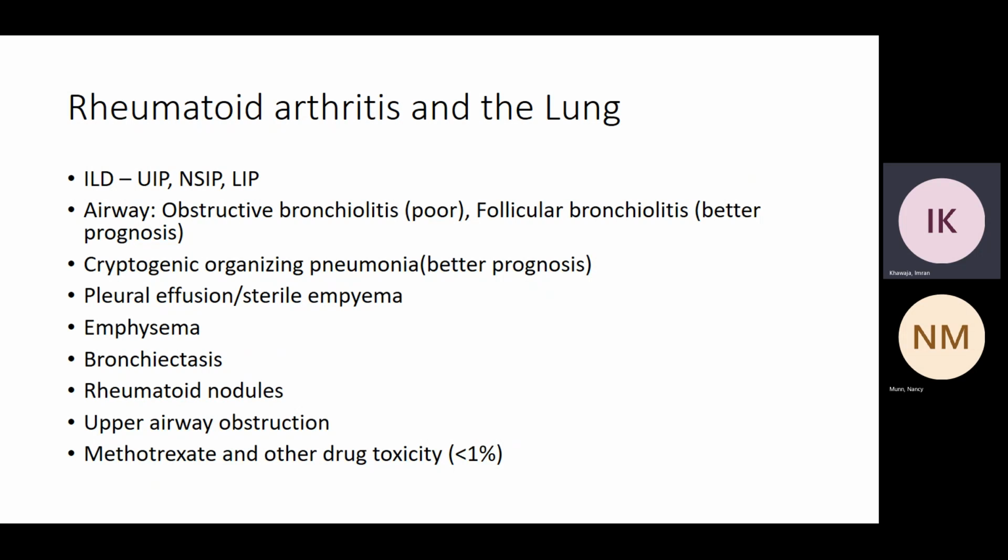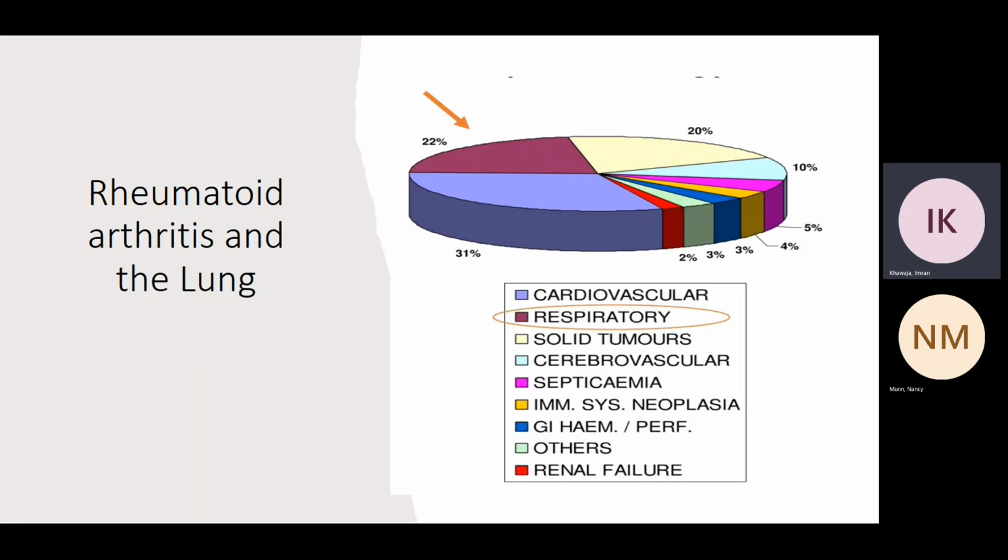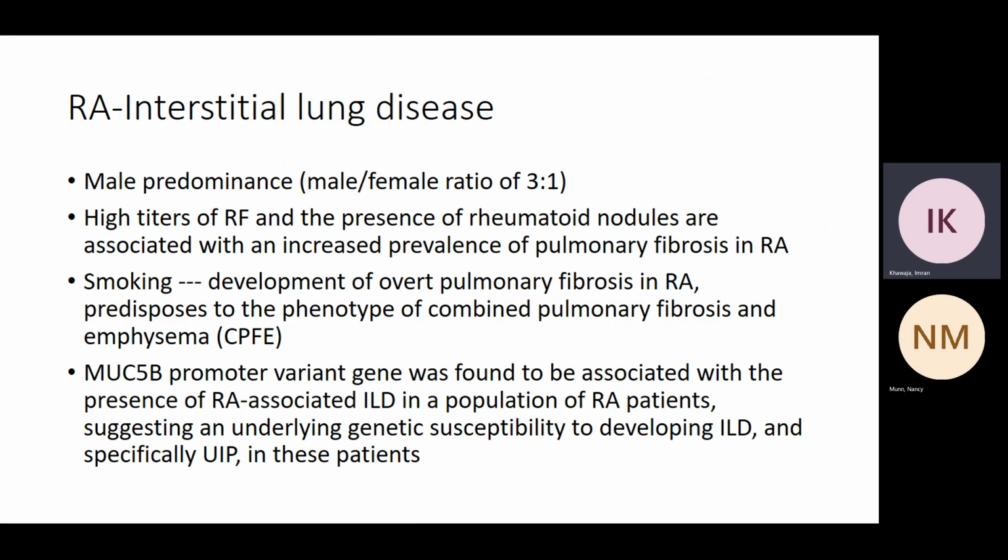Emphysema, bronchiectasis, and drug-induced abnormalities also could happen in patients who have rheumatoid arthritis. Of those patients who have extra-articular manifestations of rheumatoid arthritis, about 22% might have respiratory abnormalities. So it is not a low number. About 20% of all the extra-articular manifestations are pulmonary abnormalities.